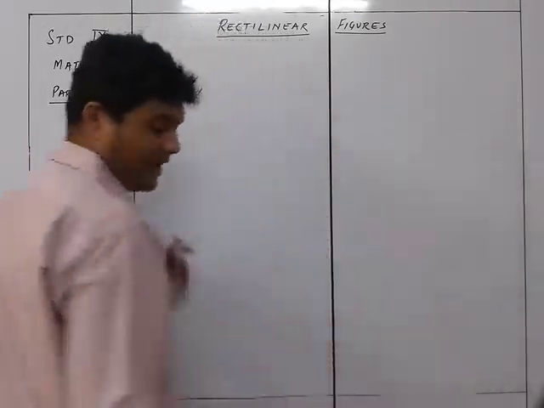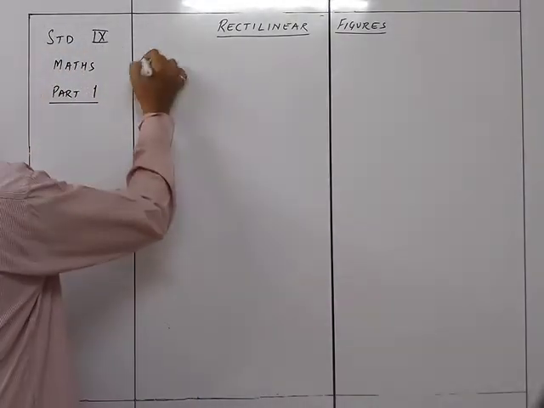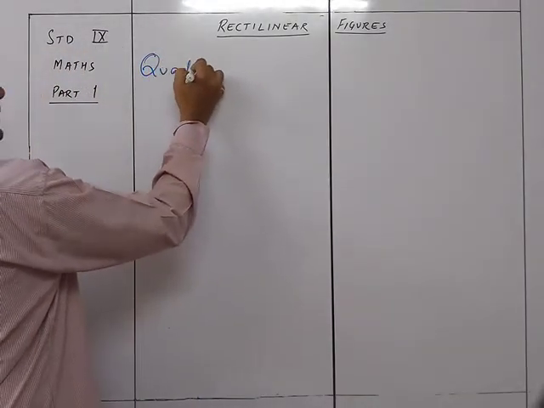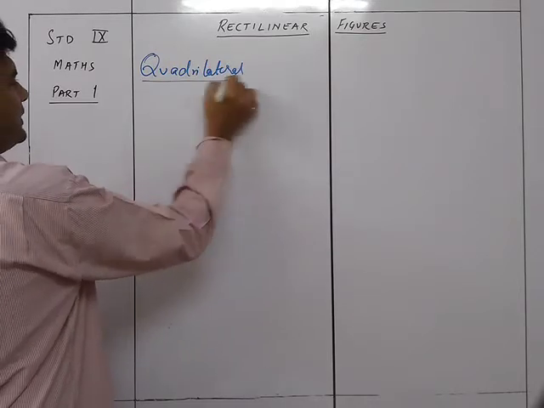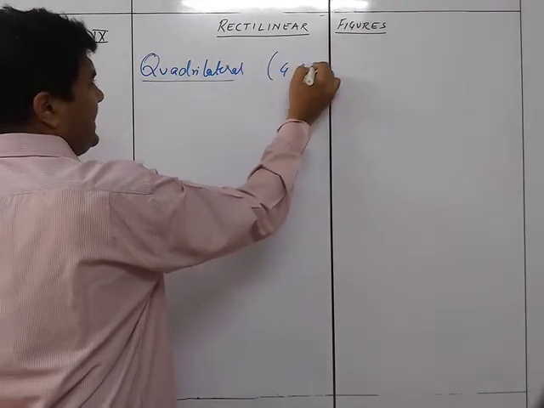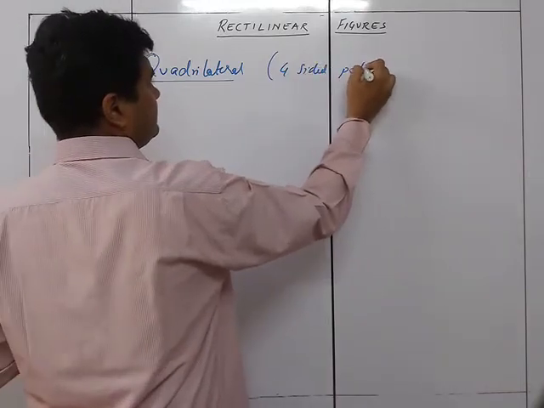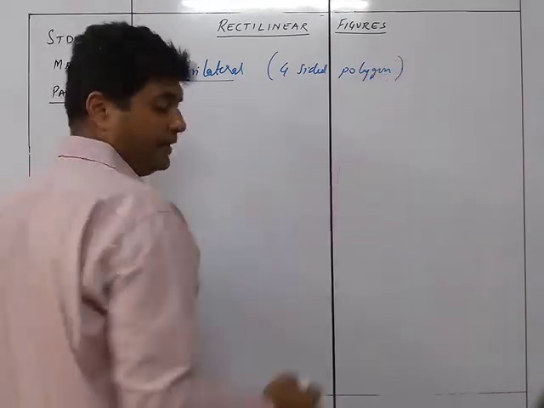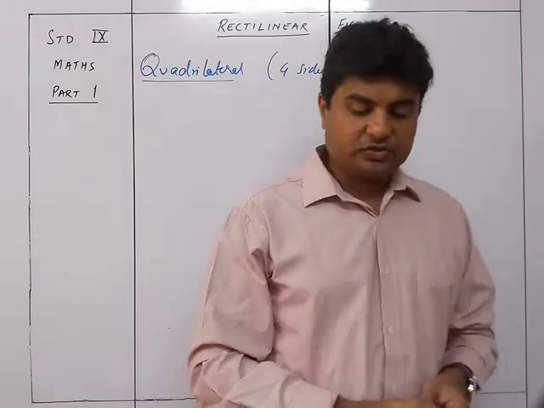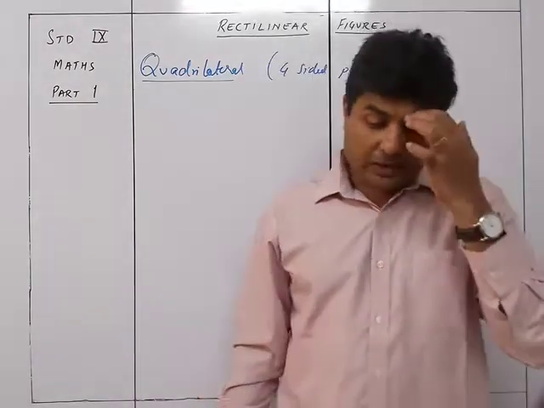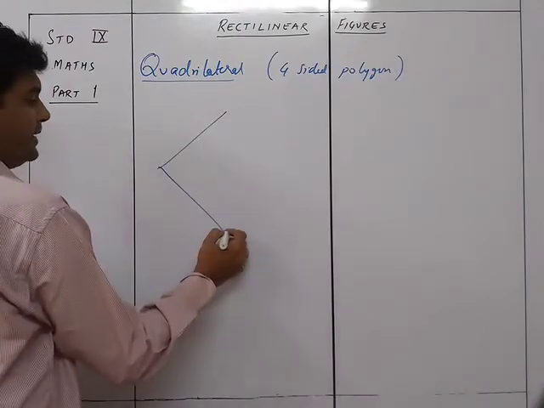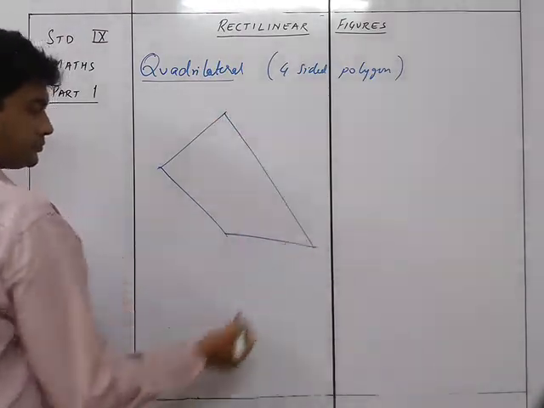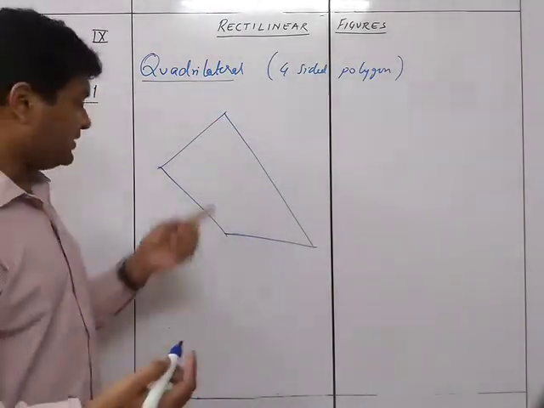So what we have is a quadrilateral. Quadrilateral means a four-sided polygon. Now if you take any quadrilateral, suppose this is a random figure over here. This is a quadrilateral because there are four sides.